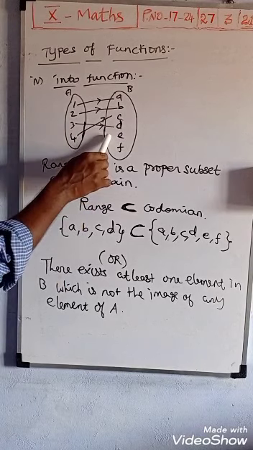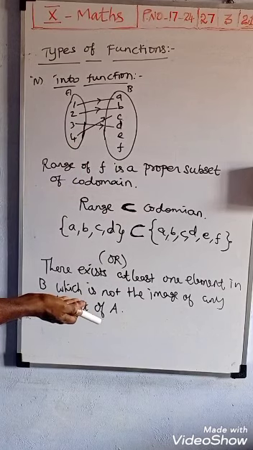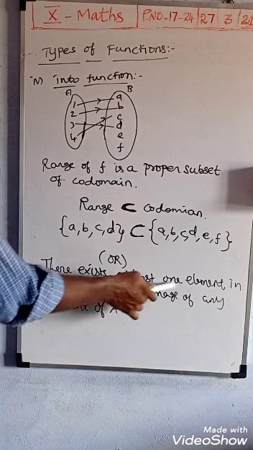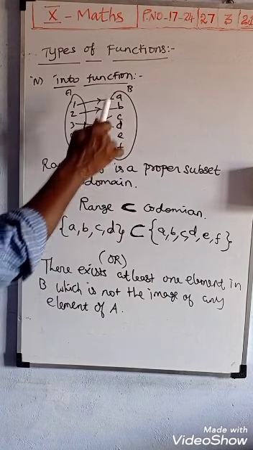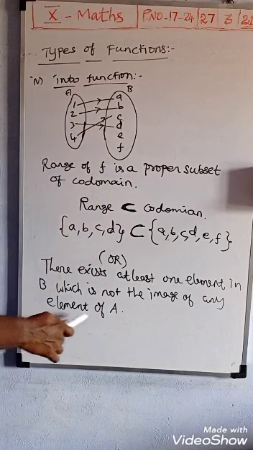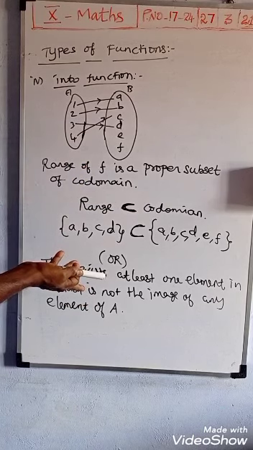Okay. So at least one element, E and F, there is no pre-image. So it is called an into function. That is what is given here. There exists at least one element in B which is not the image of any element of A. So E and F have no pre-image. So it is called an into function.